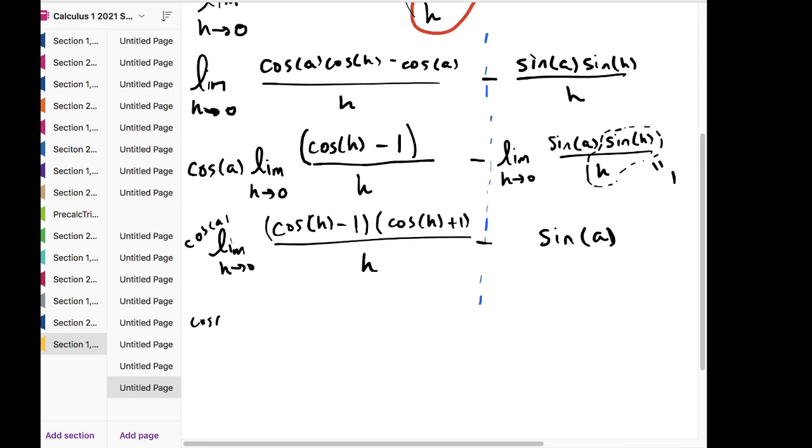So that's how you get the Pythagorean identity in there. Almost Pythagorean identity. So this gives you cosine squared minus 1. And then, of course, the divide, of course.